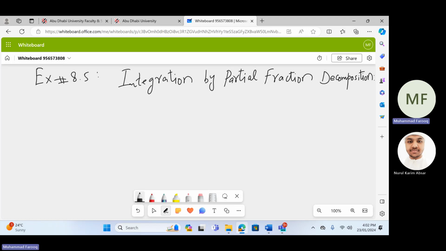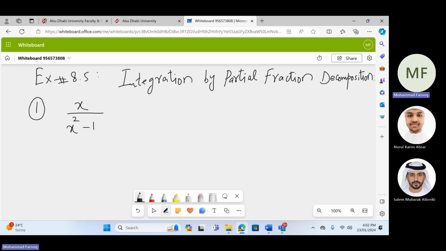Number one. Let's say you have x divided by x squared minus 1. Step one: whenever you have integration by partial fraction decomposition, for decomposition purposes, the first step is to factorize the denominator. Step 1, factorization of the down part.